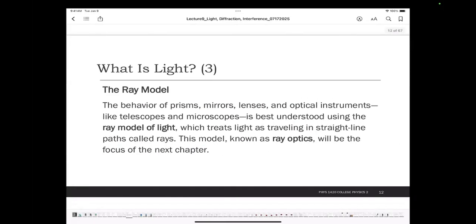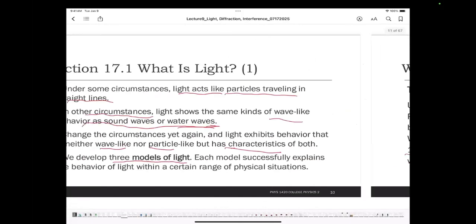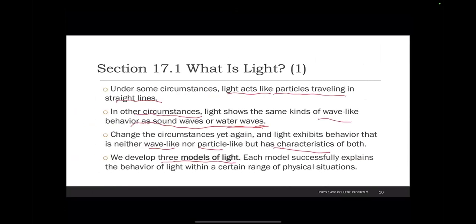And the ray model: the behavior of prisms, mirrors, lenses, and optical instruments like telescopes and microscopes is best understood using the ray model of light. You can see sometimes the light is just like a straight line, like a light particle just traveling in a straight line.